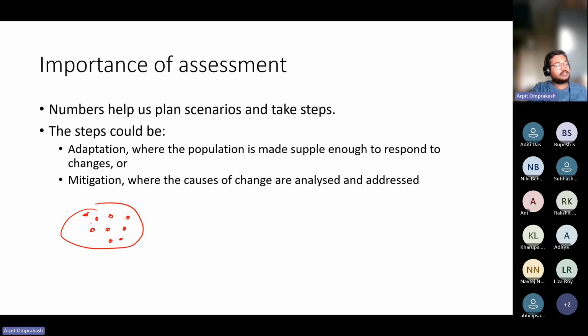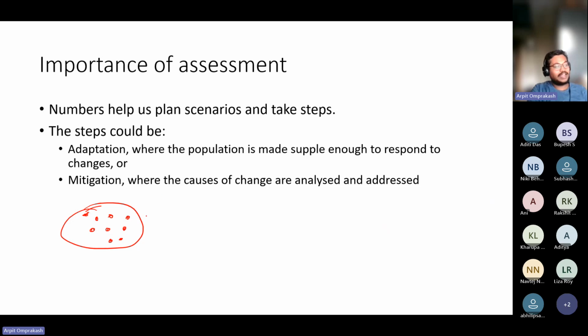A lot of these cattle are getting sick and dying. So we need to plan something and take steps to prevent the population from crashing, so that we have enough cattle to get milk and for our own uses.